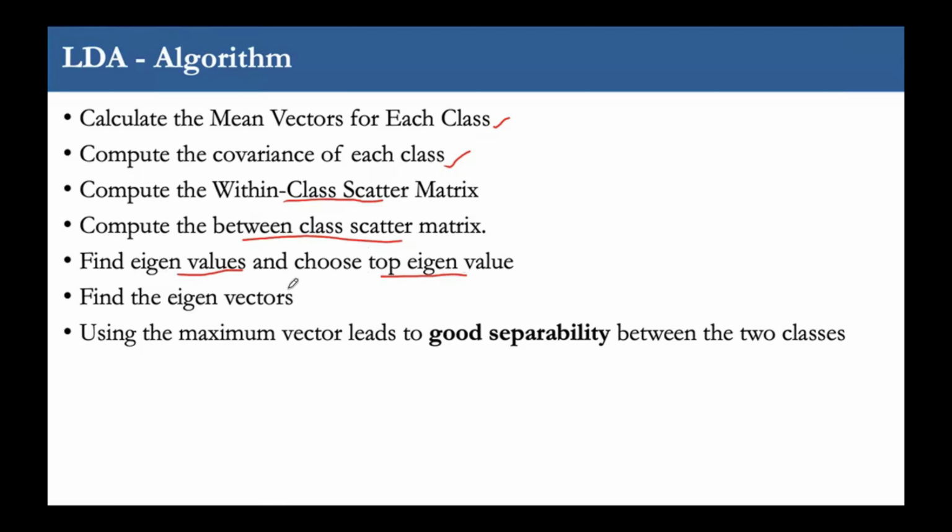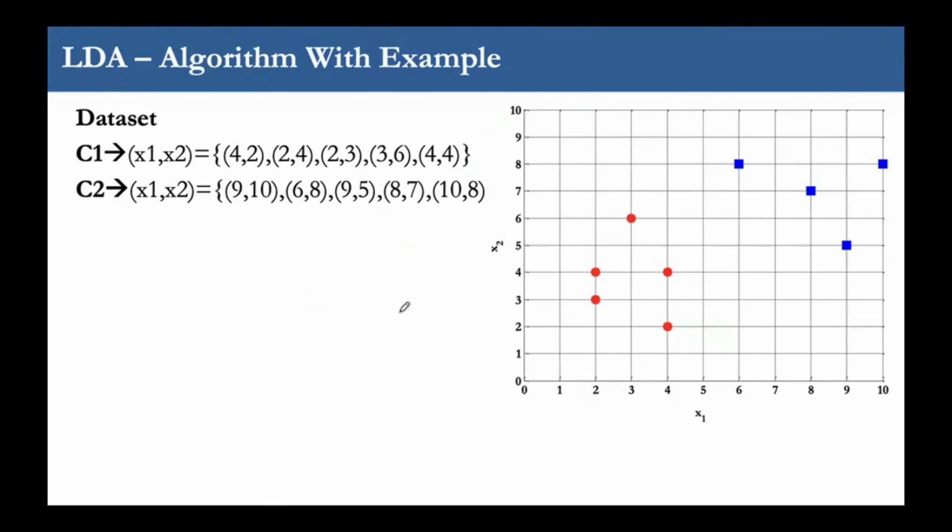Based on the top eigenvalue, we will find the eigenvectors. Based on the eigenvector, we will find the new axis. By using the maximum eigenvector, this leads to good separability between the two classes. We will see these concepts with an example.